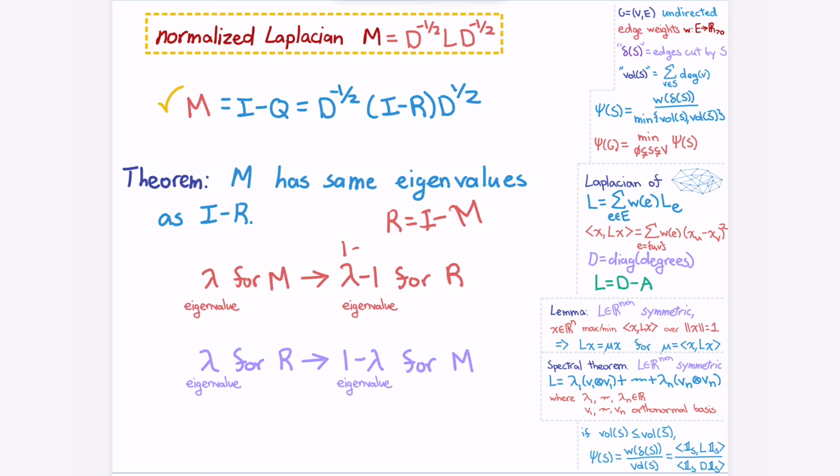So should this be 1 minus lambda? Yeah. R is similar to I minus M. Okay, I think this is actually 1 minus lambda. Don't worry about the number of squiggles. The other one's 1 minus lambda.